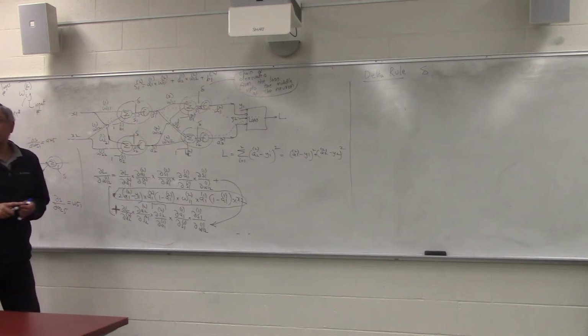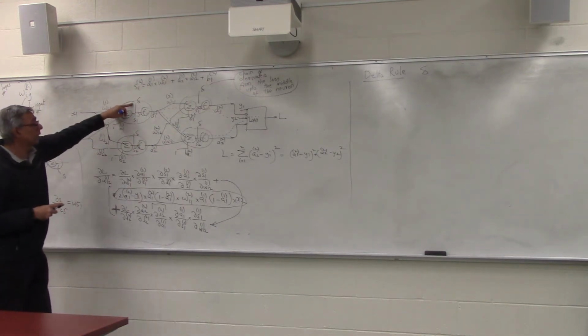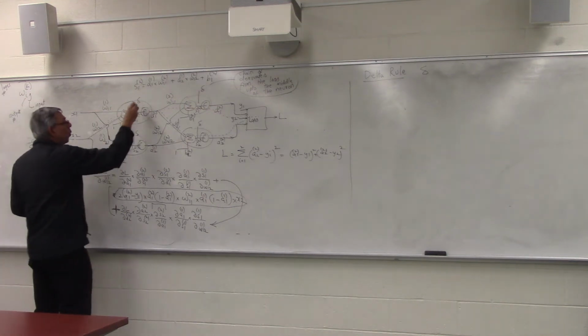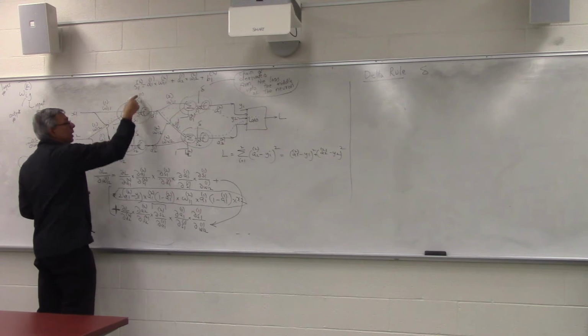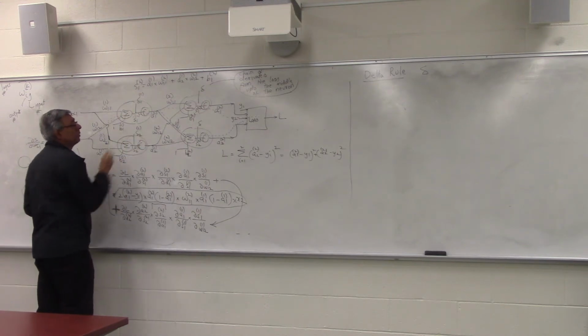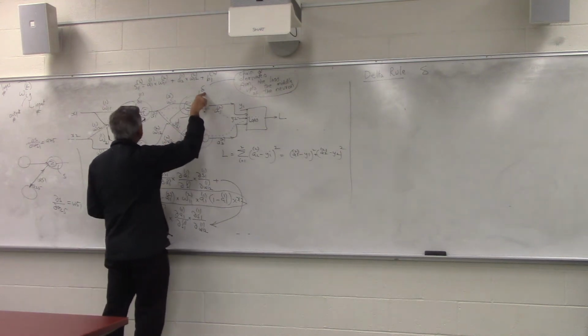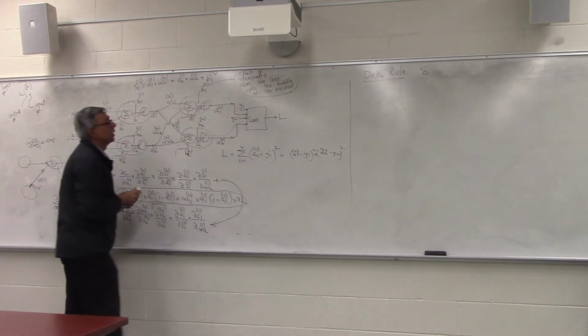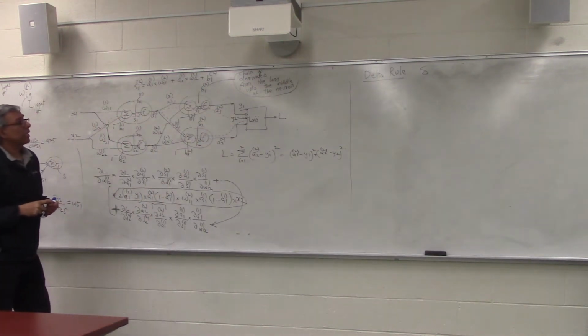Following our terminology, what would you call this delta? Delta 1 of 1, layer 1. What would you call this? Delta 2 of 1. Very similarly, over here, delta 1 of 2 and delta 2 of 2.